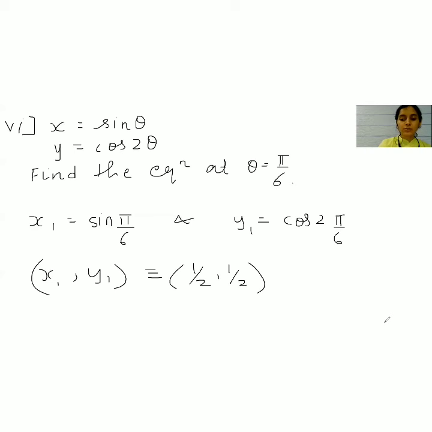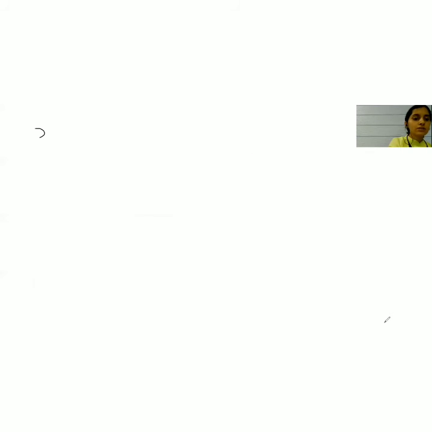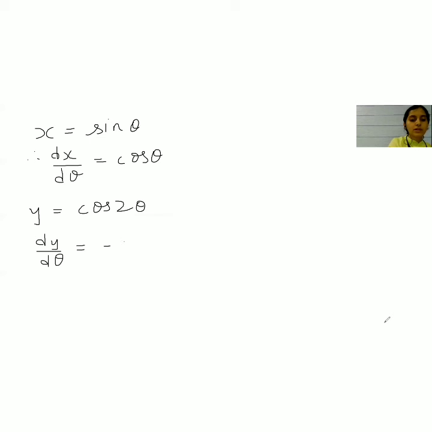Okay, so we already have x1, y1 now. Now let us differentiate. We'll have to use parametric differentiation. x is equal to sine theta, right? Therefore, dx by d theta is equal to cos theta. y is equal to cos 2 theta. Therefore, dy by d theta is equal to minus sine 2 theta into 2. Therefore, dy by dx is equal to dy by d theta divided by dx by d theta.